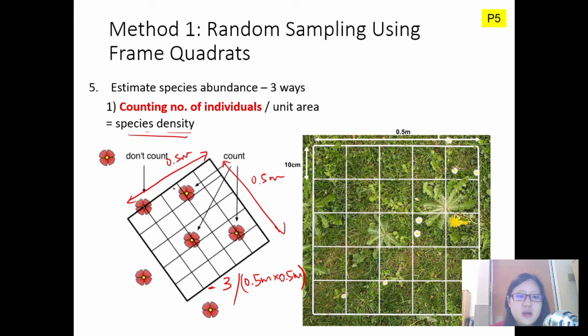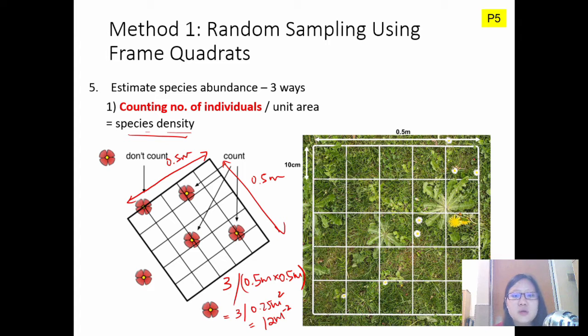And you realize here that we have not counted the flowers that are at the boundary and are cut in half. We only count the ones that are fully in the quadrat. That is one rule that we will always abide by. So if you divide it, you should get something like this. Okay, so 3 divided by 0.25 meters squared, which is 12 per meter squared, or m to the power of -2. So the species density is 12 per meter squared.